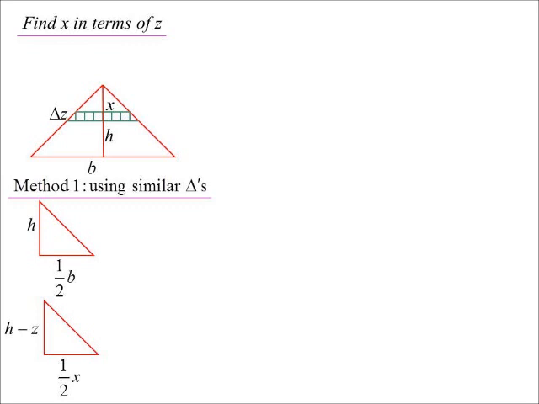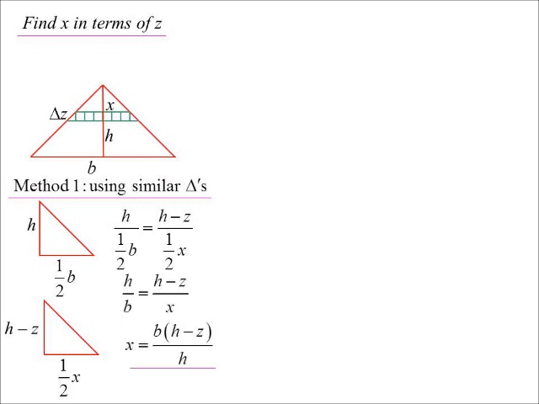So z, we're defining, I guess, from the bottom going up, how high it is. So whatever the z value is at that point, the height of the triangle would be h minus that. They're similar triangles, so I can set up my ratio, rearrange it, and I get x in terms of z. Remember, b and h are constants. So I could do it that way.